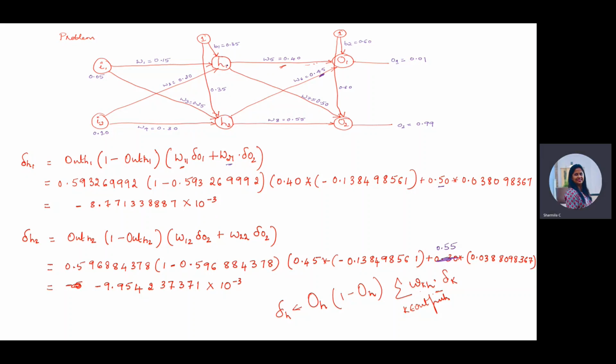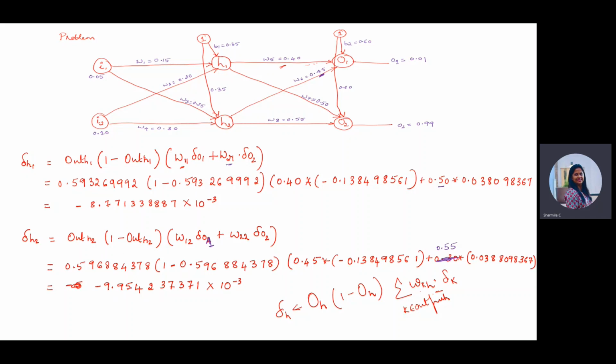After identifying the error terms for the nodes H1 and H2, this should be the error term at this one, connected to this thing. Substitute the values and we get minus 9.954237371 into 10 to the power of minus 3.